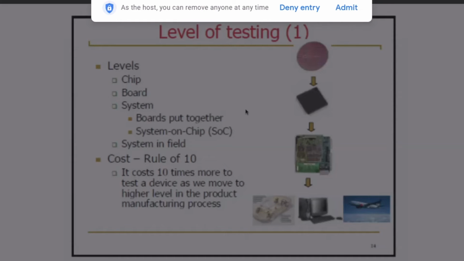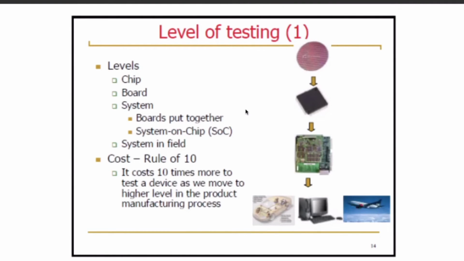Whenever we go to a different level of abstraction in the design process, the cost of testing becomes 10 times the previous cost when we go to the next level.